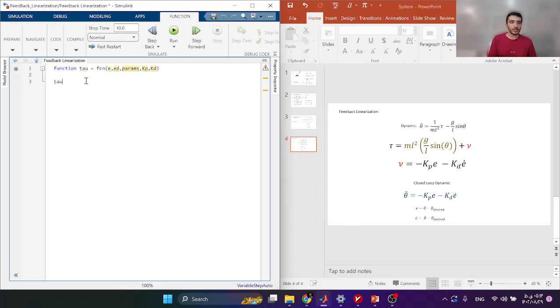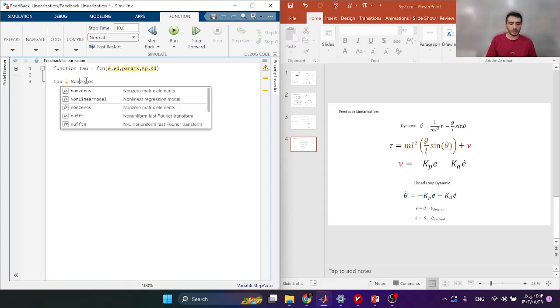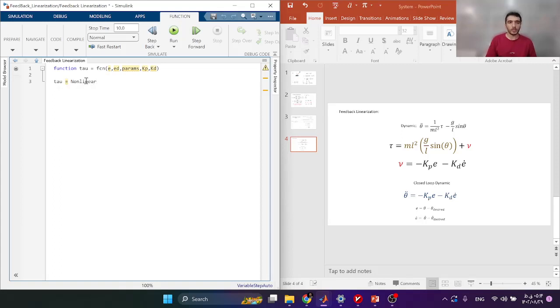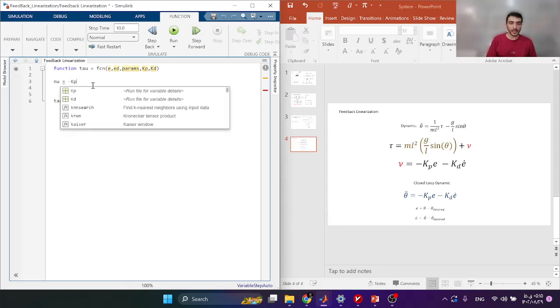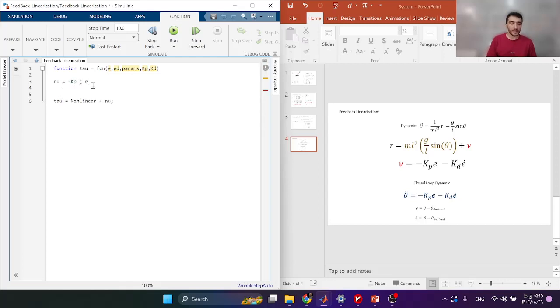Okay, the output of the MATLAB function is tau, so we can write here tau is equal to, I will name nonlinear plus nu. And we know that the nu term is minus kp times e minus kd times e dot.